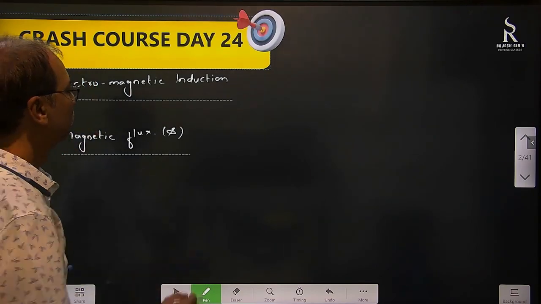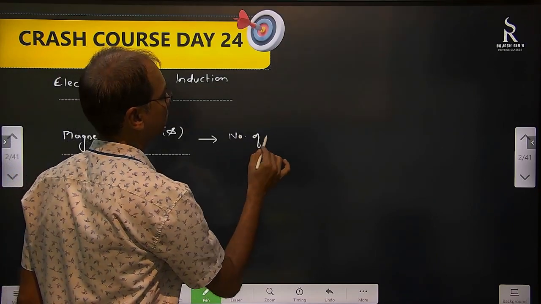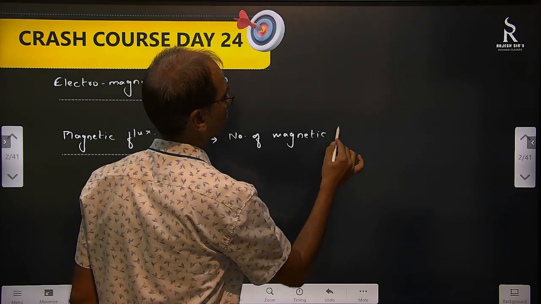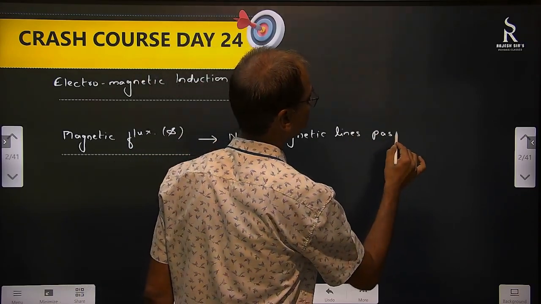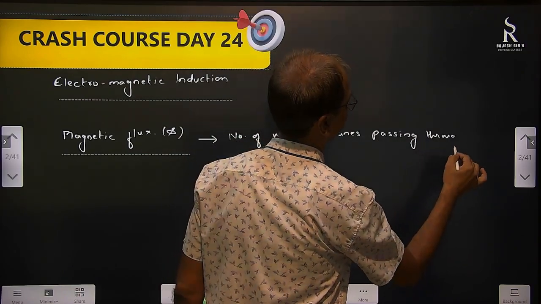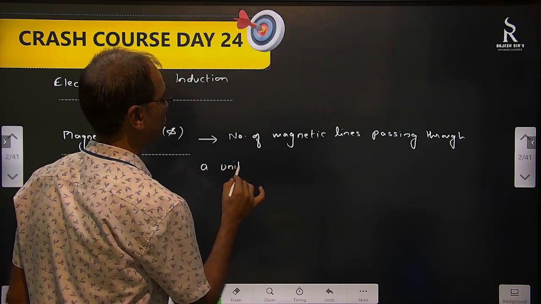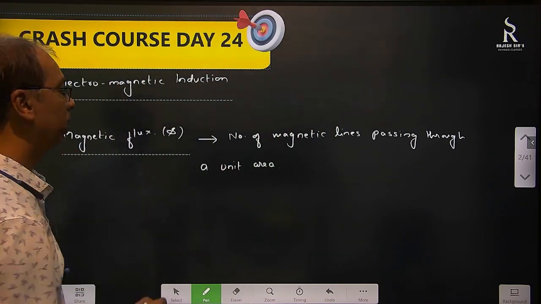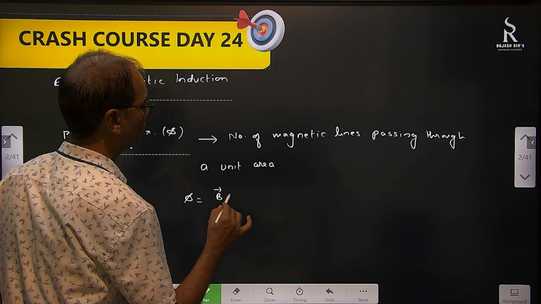So here, the number of magnetic lines passing through a unit area is magnetic flux, right? And magnetic flux is what? Dot product of magnetic field strength and area vector.